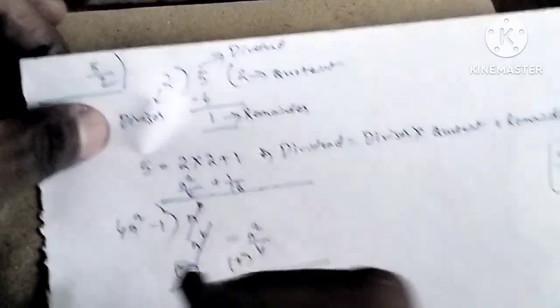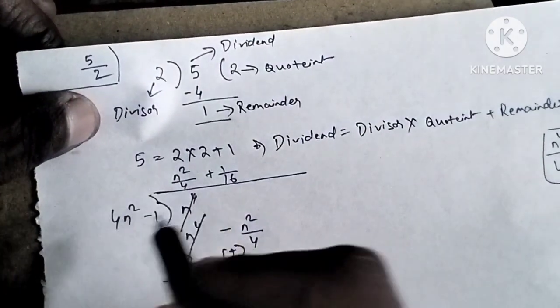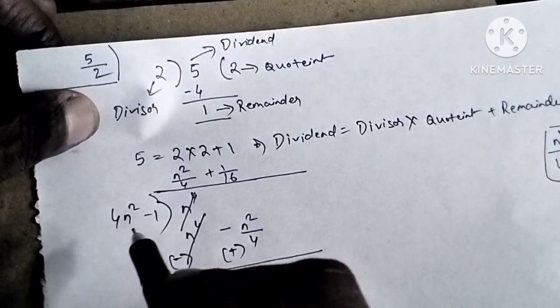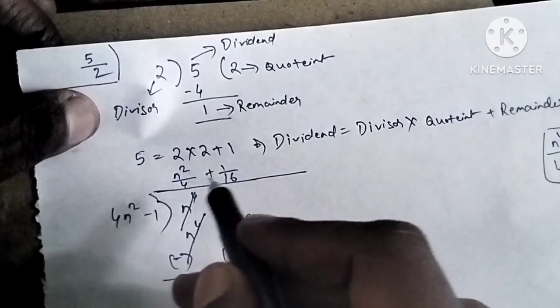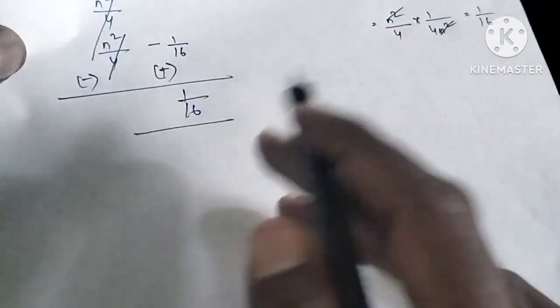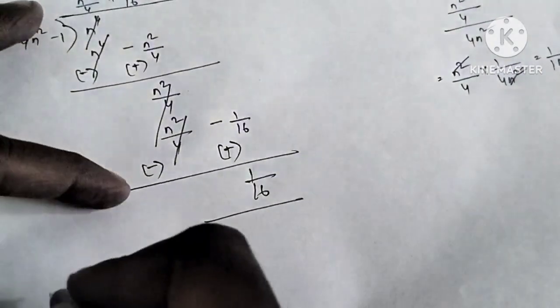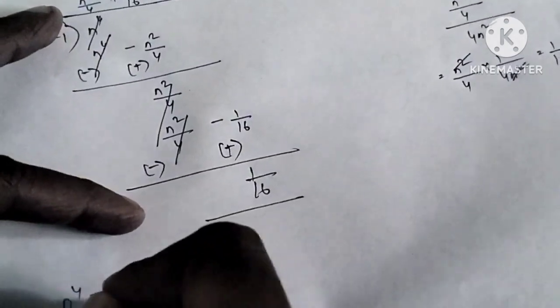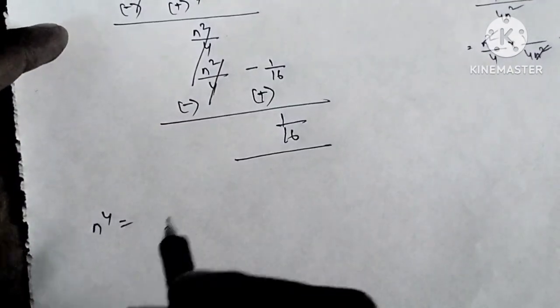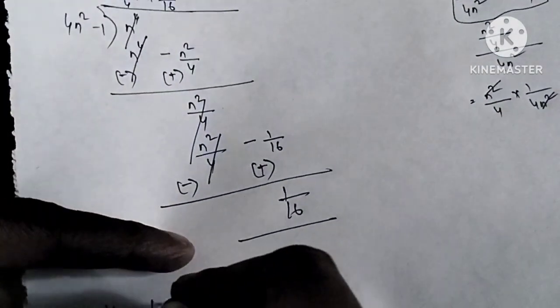So here n to the power 4 is the dividend. This 4n square minus 1 is the divisor. This is the quotient, n square by 4 plus 1 by 16. This whole is the quotient and this is the remainder. So applying that formula, the dividend can be written as divisor into quotient plus remainder. What is the divisor? 4n square minus 1.